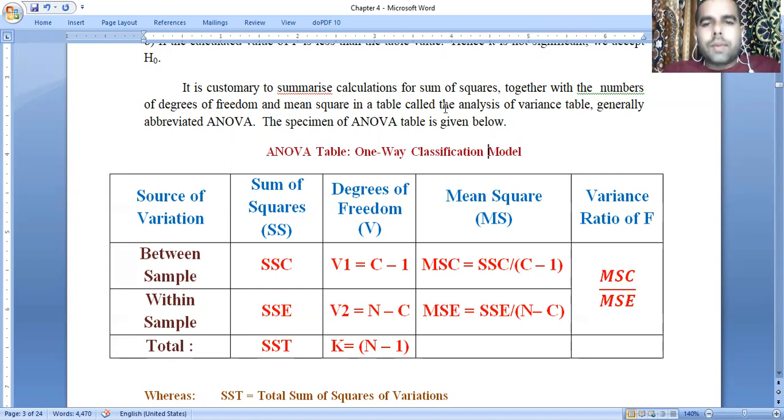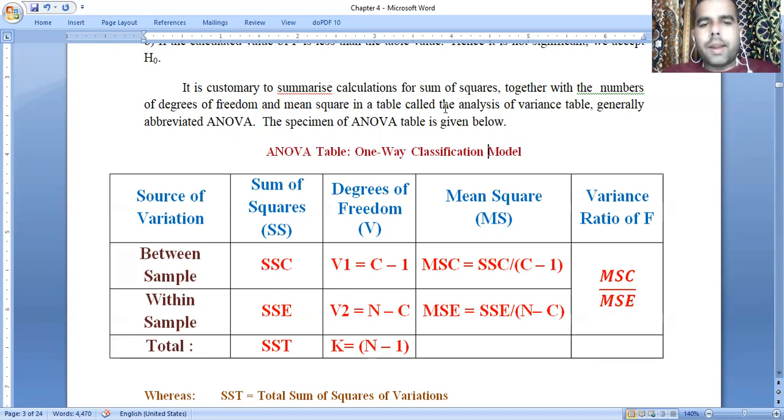Observe carefully, this table is very important. If you have this table, the good marks are in your hands, or in your pocket. So observe carefully the ANOVA table, one-way classification model.